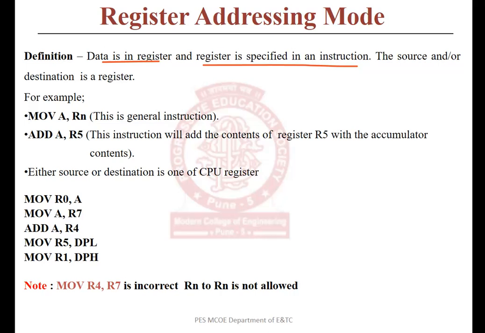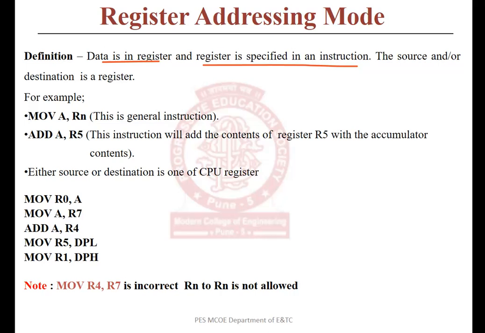We have R0 to R7 registers for each bank, right? So the contents of data are stored where? In an R register, and that register is specified here in the instruction. So that's why it is called register addressing mode. The register is specified, and contents of that register are stored into another register.